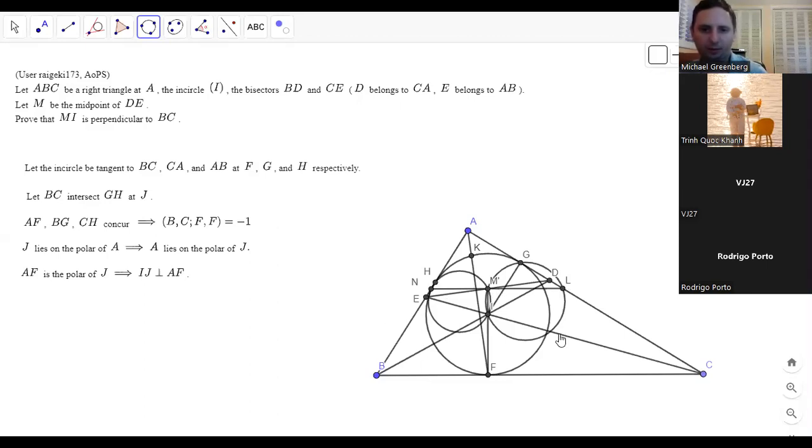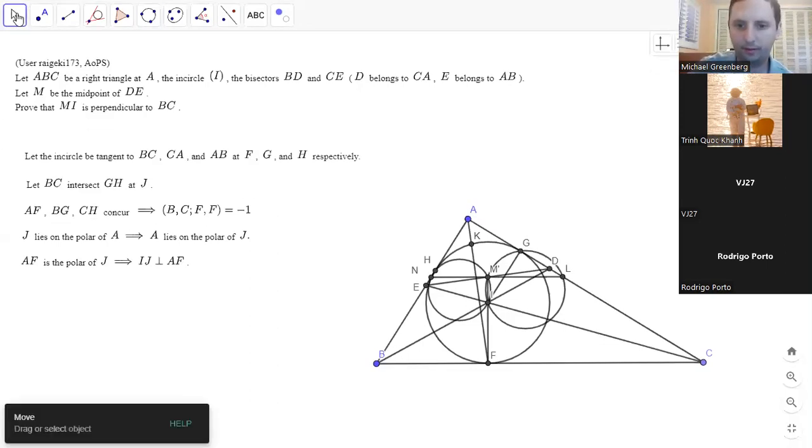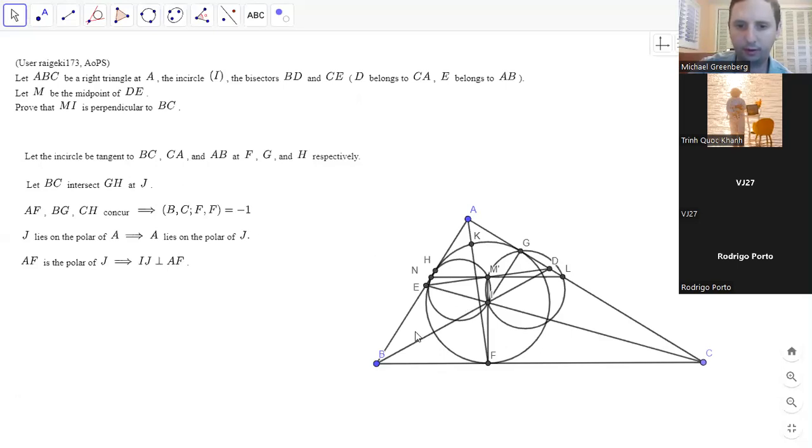I'm not sure if that gives me what I want. Although it might, yeah, I think this is just an angle chase after that. So we have this is 45 degrees, this is B over 2, so this is 135 minus B over 2.